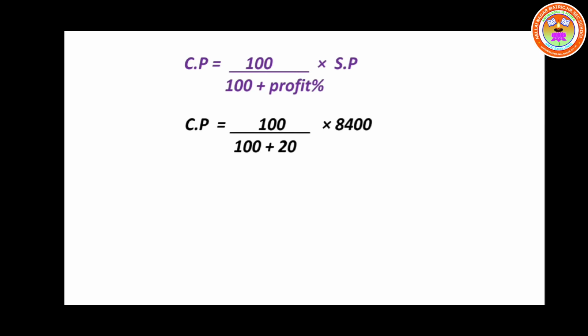So 100 divided by 100 plus, you know the profit percentage 20, into selling price of the particular mobile, 8,400. Now you add 100 plus 20, 120. So now you can cancel 10 and 10, and 12 you can cancel 840. How many times can you cancel? 70 times. Now multiply 100 into 70, rupees 7,000. So the cost price of the mobile phone is rupees 7,000.